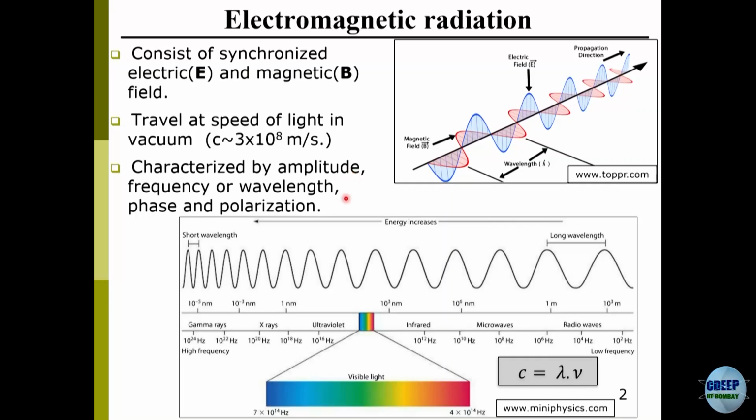Then there is frequency and wavelength, and of course we know the relationship between frequency, wavelength and the speed of transmission, right? There is also these ideas of phase and polarization.